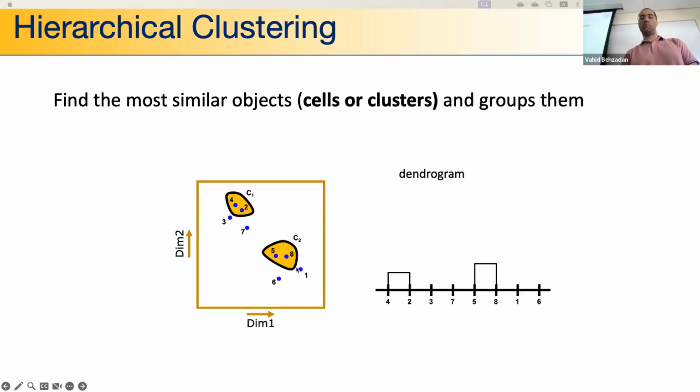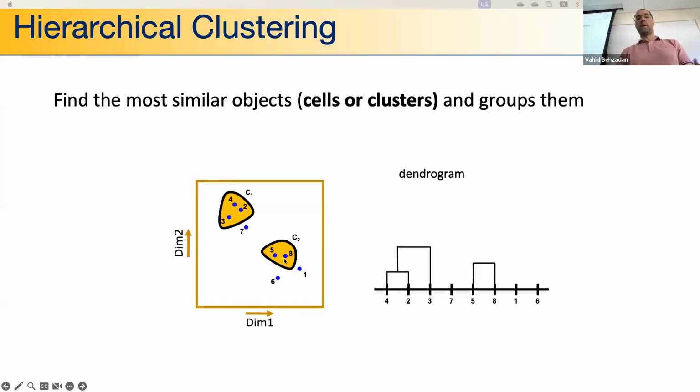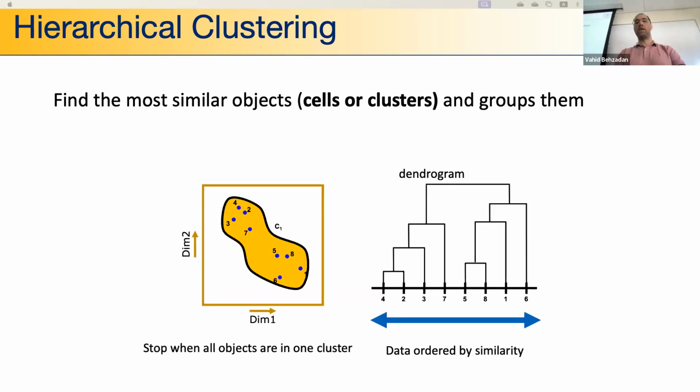So now here we found out that these two cells are the most similar, so we group them. Then these two cells are the most similar, so we group them. And then this group expands because this cell is closer to the center of the first cluster, and so on. So you keep expanding until you cover all the cells.